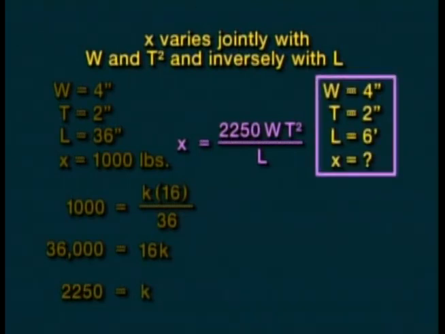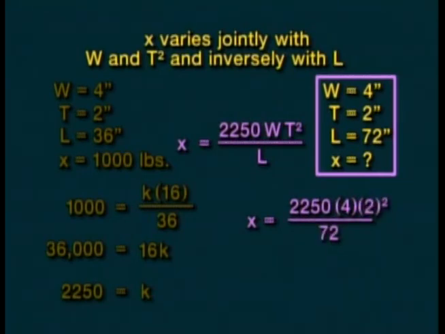Again, we're working in inches, so for the 6-foot length we'll use 72 inches. Now we can substitute these values in the formula. Substitute 4 for W, 2 for T, and 72 for L. Now simplify. 2 squared is 4. 4 times 4 times 2,250 is 36,000. 36,000 divided by 72 is 500.